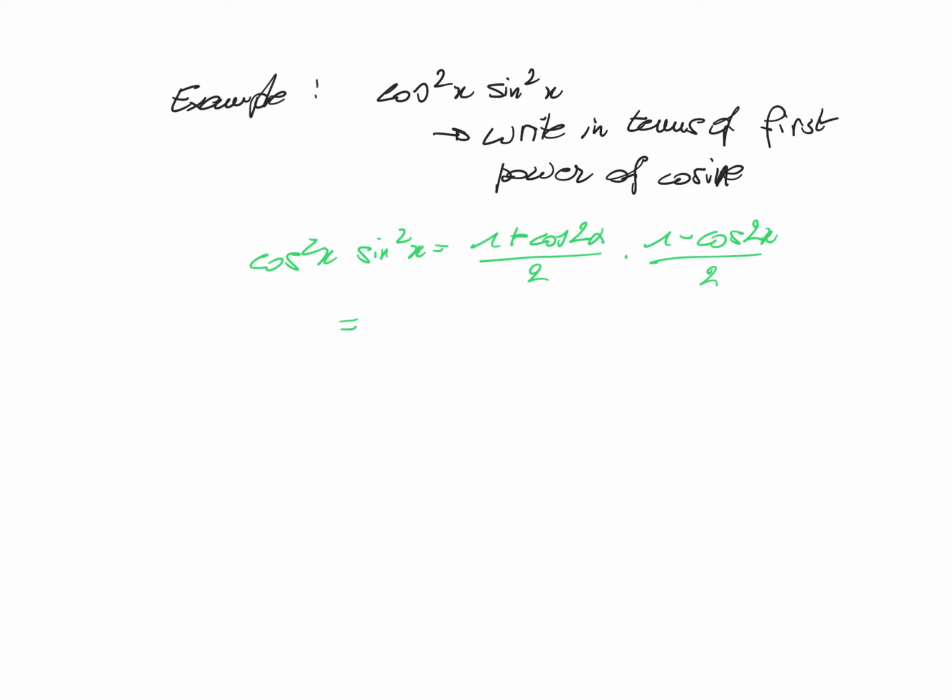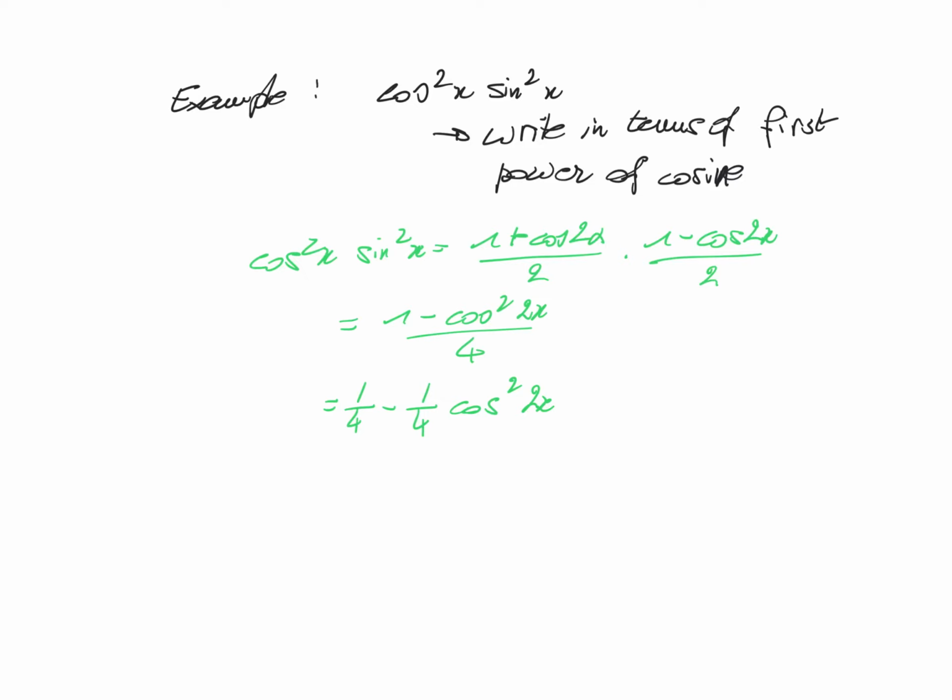So this then becomes (1 minus cosine squared of 2x) divided by 4, since (a minus b) times (a plus b) is a squared minus b squared. And now we do the same thing again. We have a new cosine squared. So here this is 1 over 4 minus 1 over 4 cosine squared of 2x.